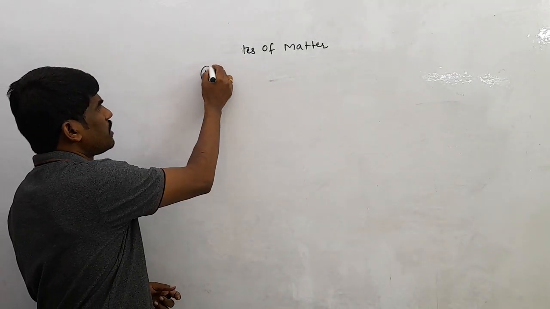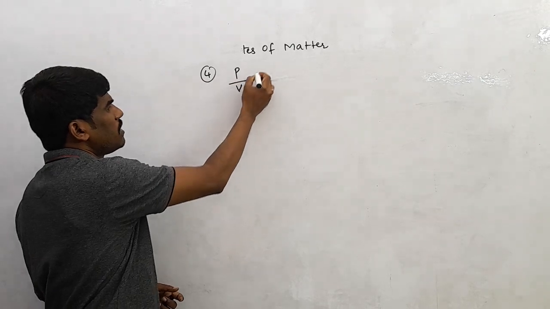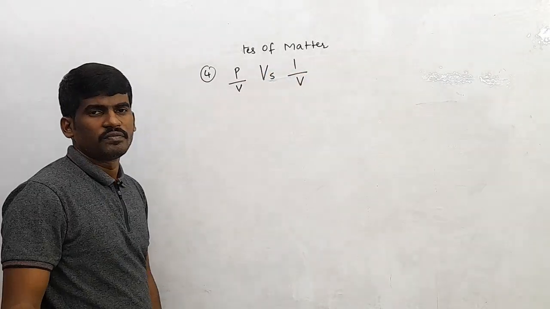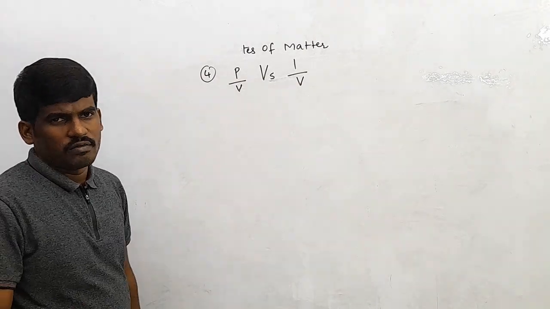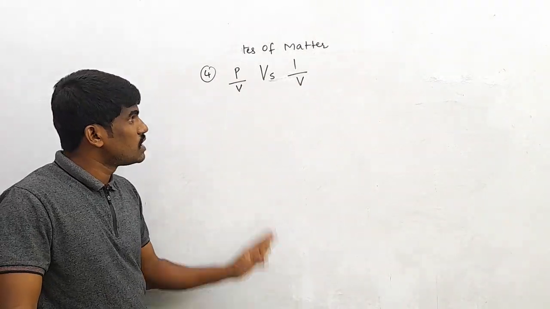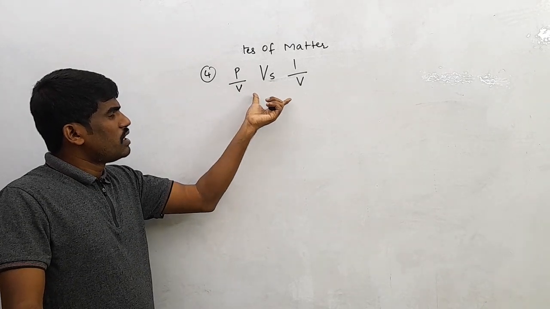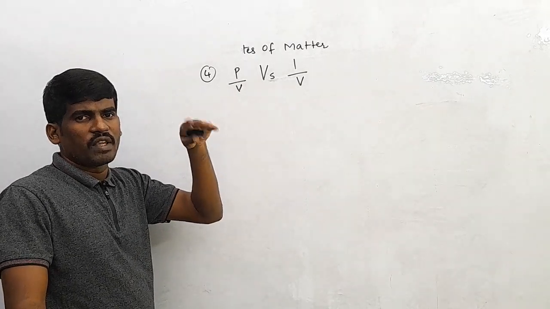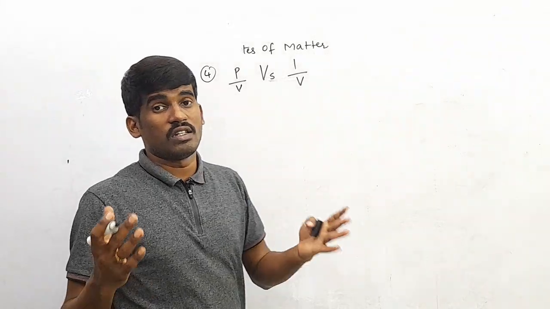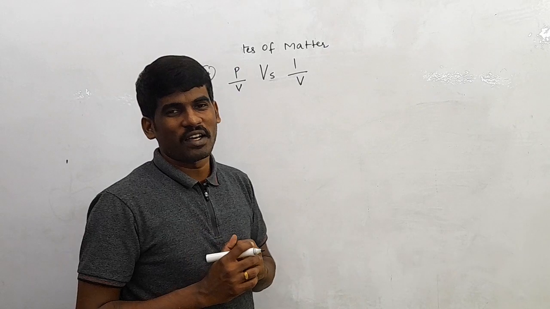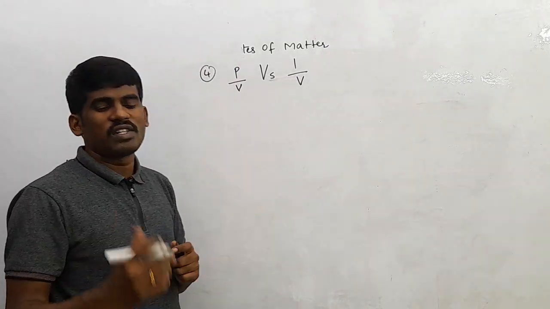And the fourth type of graph, that is PV versus 1 by V. For this kind of graph, first of all, we must convert any given y component and x component into equation form. Based on that equation form, you can easily identify what kind of graph we are going to get. So we have the equation, what is that?